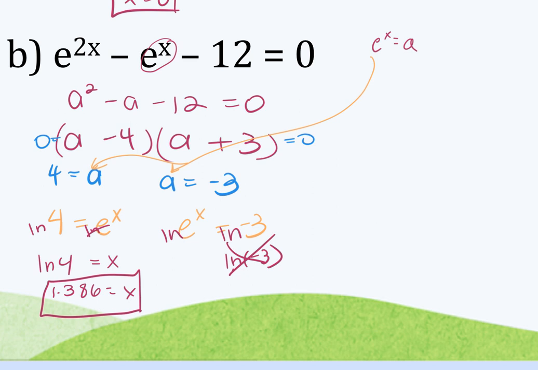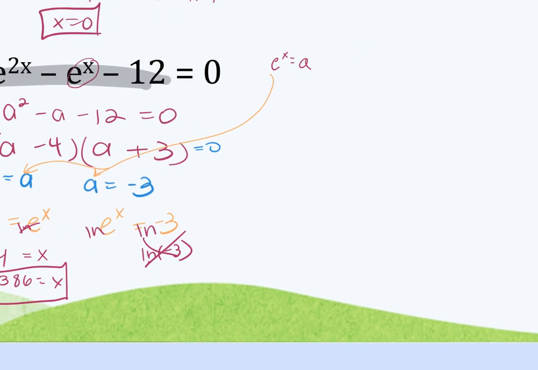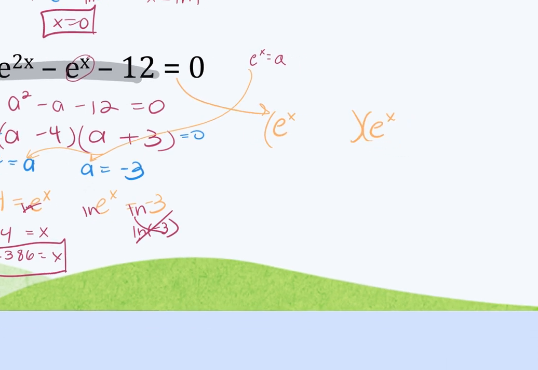Now, like I said, that's kind of the long way around doing it. If you recognize from the beginning that this is a factoring problem, you don't have to do the a squared. You could literally say this would be e to the x and e to the x instead of an x in that first term, because e to the x times e to the x is e to the 2x.